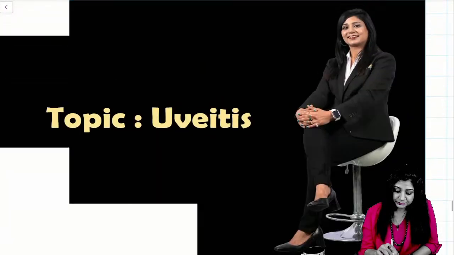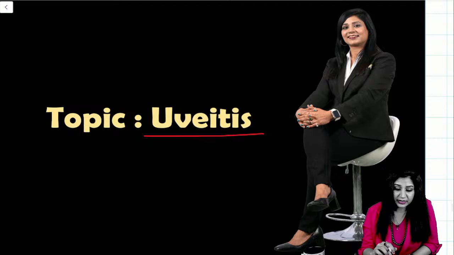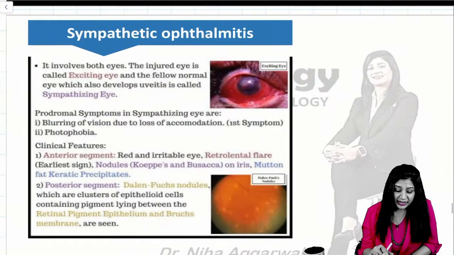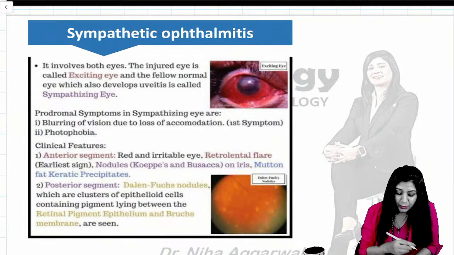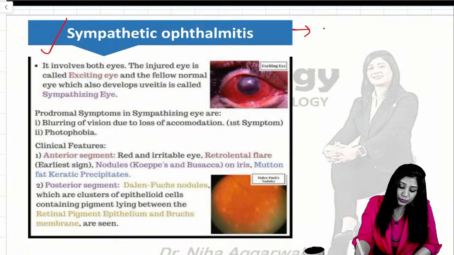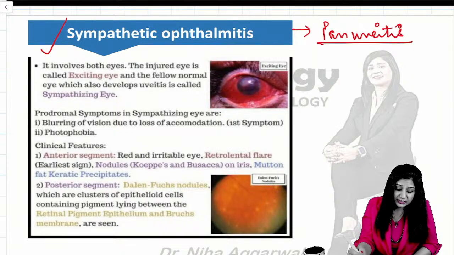Then some of the important things about uveitis. In uveitis we have an important condition called sympathetic ophthalmitis. Here you should know that it is actually a panuveitis. It is a panuveitis condition, and it occurs due to trauma, and the type of trauma is penetrating trauma.